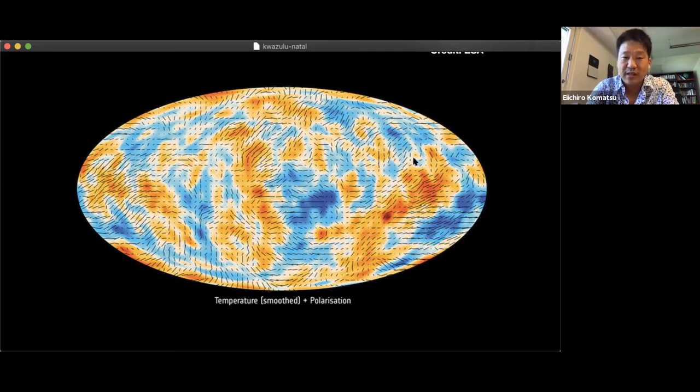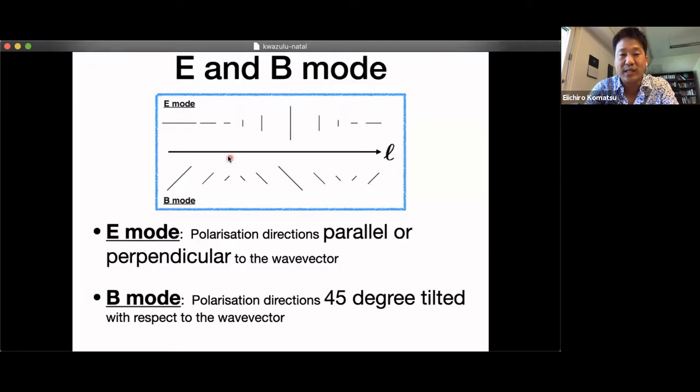Now this here looks like a bunch of all the directions, but we can decompose this into polarization directions parallel or perpendicular to the direction of the plane wave. This is E mode. If you have a 45-degree tilted version of that, it's B mode.